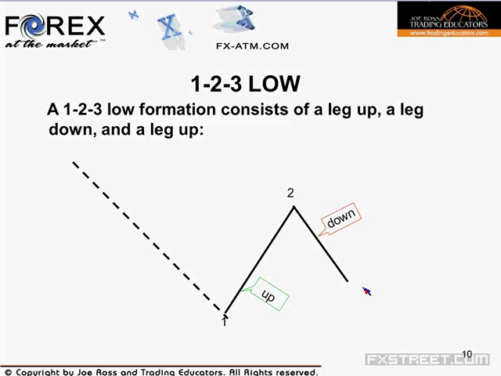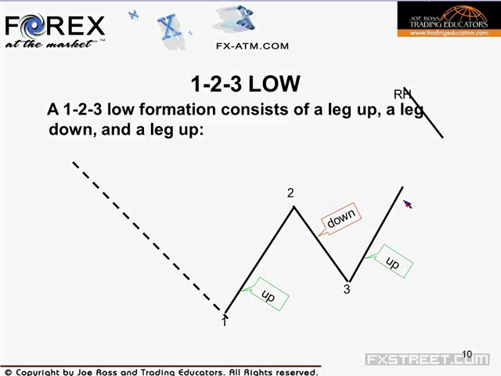And the important thing is that this low doesn't go any lower than that one, and instead you get another leg up, which is a 1-2-3 low, completed. So that's the most basic formation. I think most of you know that in some way, but probably didn't figure out how to actually trade it in a consistent way.